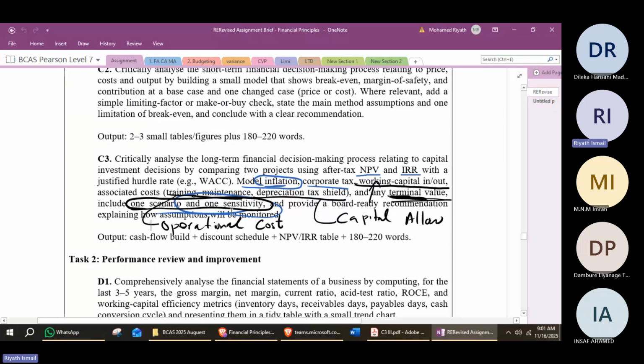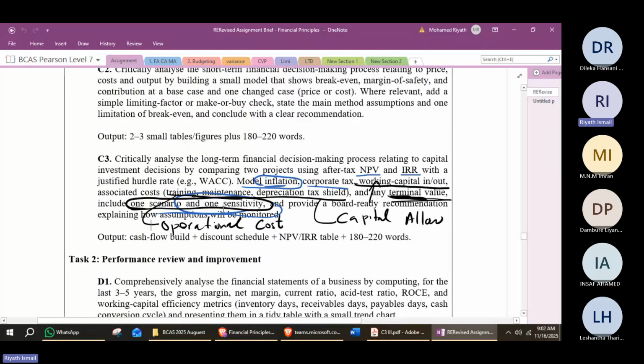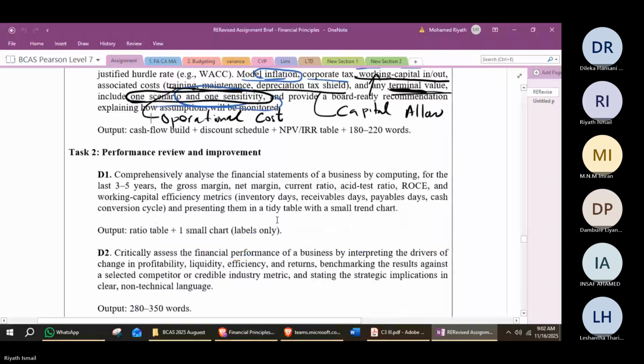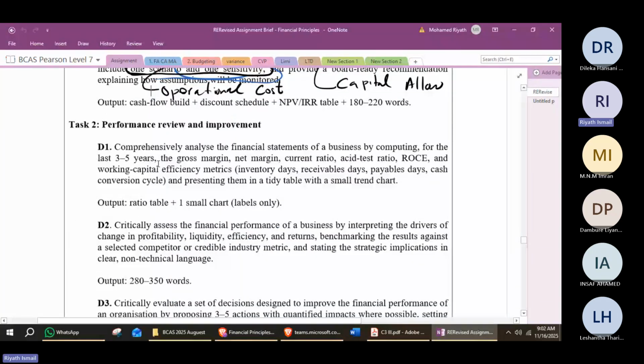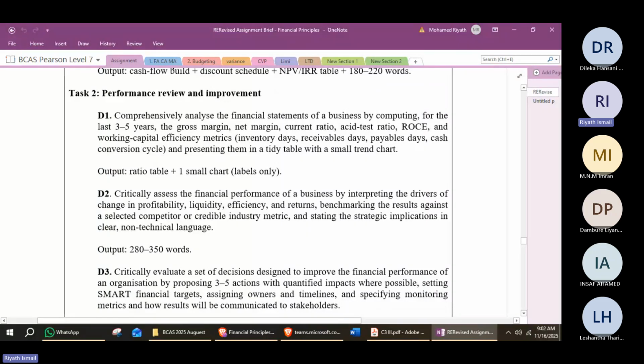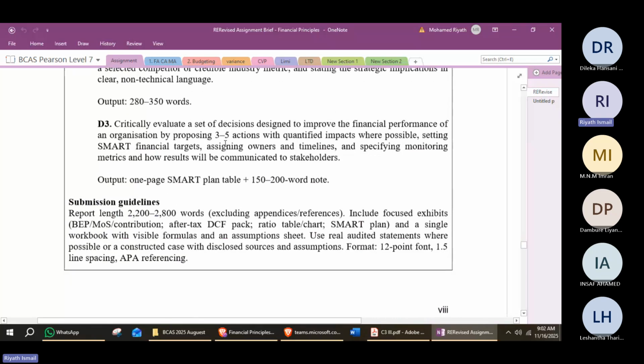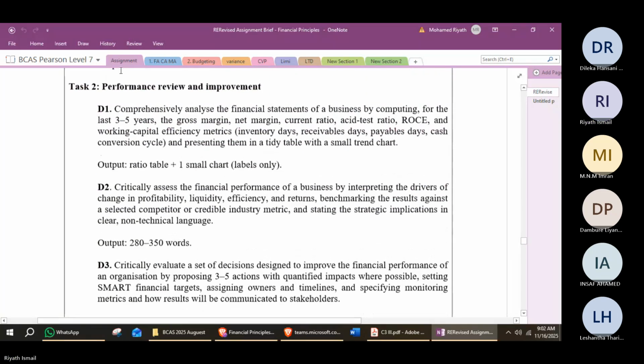We have one more thing, that is sensitivity analysis, followed by financial statement analysis, considering ratio analysis and interpretation of financial statements. The purpose is to get more insights from the company's annual reports. So that may target task 2, performance review and improvement.